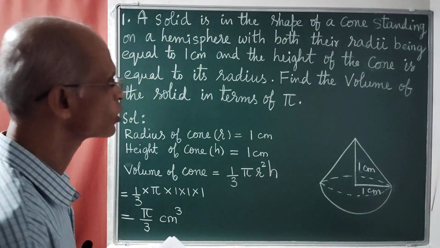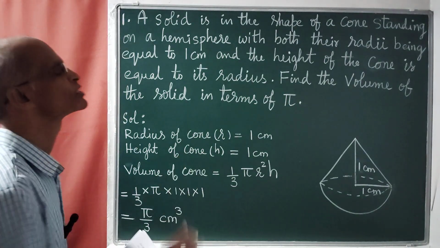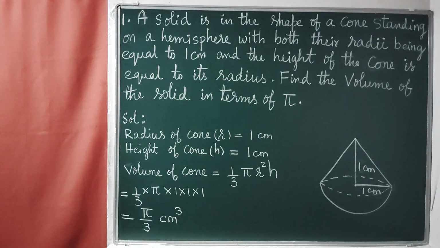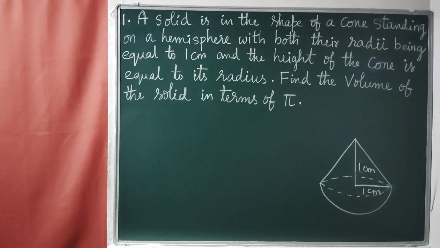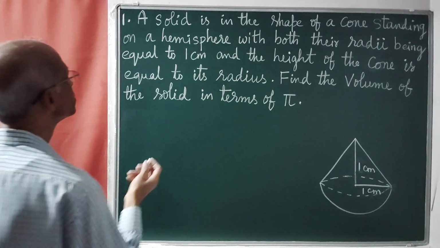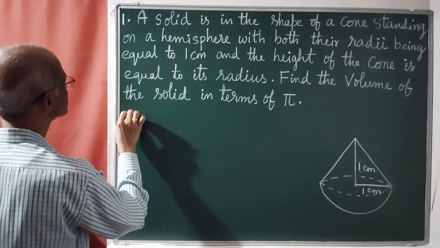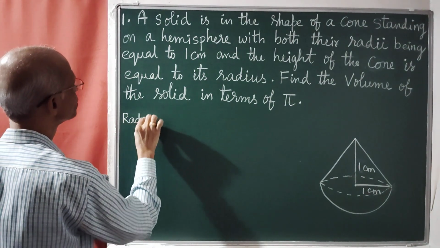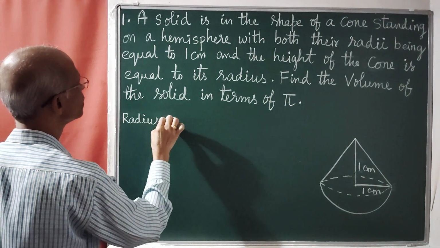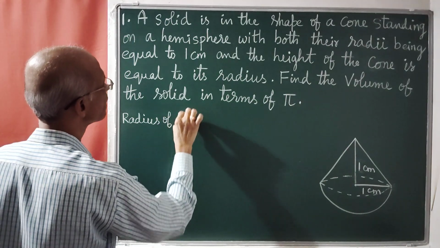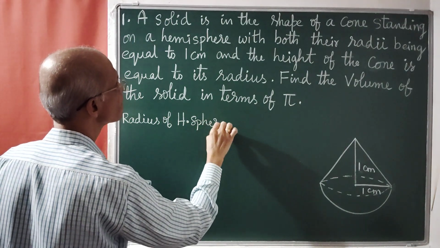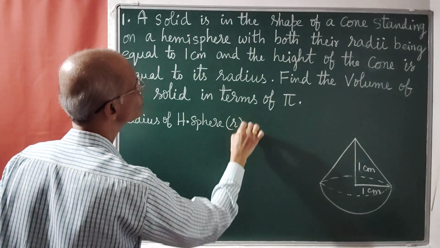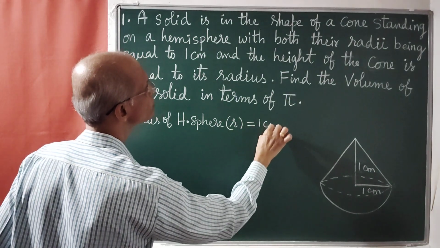Next, now we'll find out the volume of the hemisphere. So radius of hemisphere is equal to 1 centimeter.